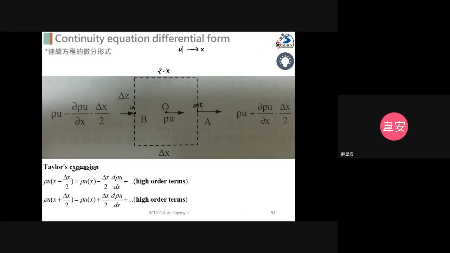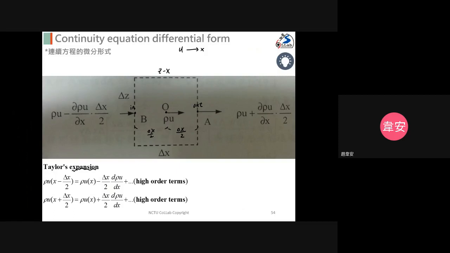The location difference from the center to the out point is Δx divided by 2, and likewise to the in point.